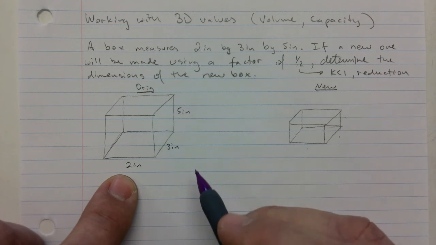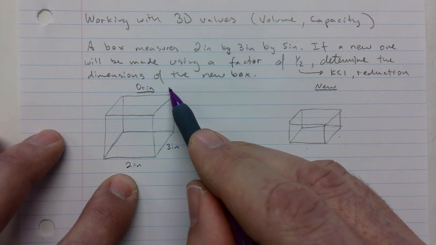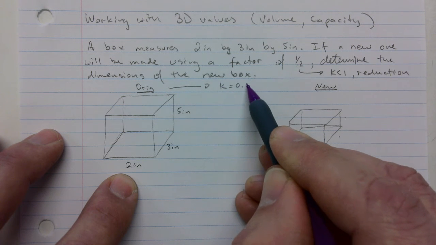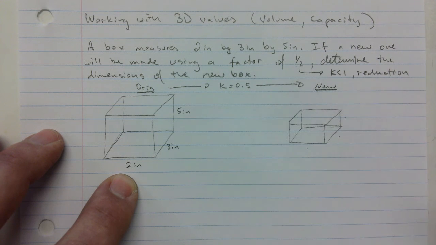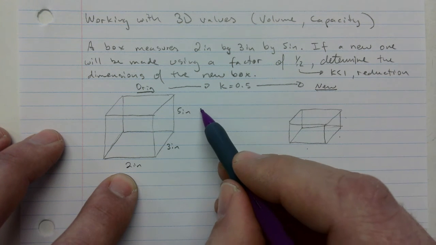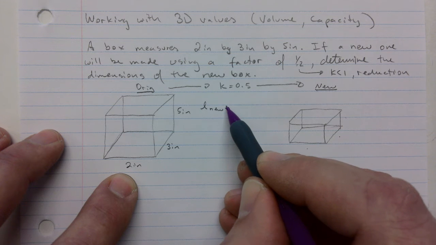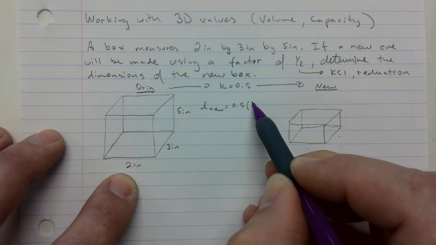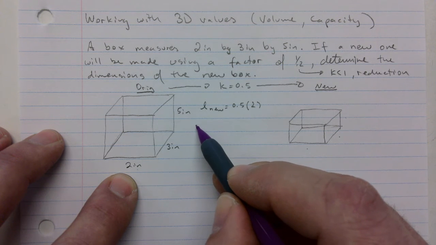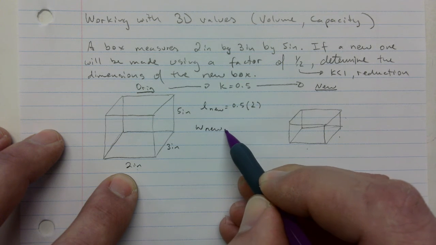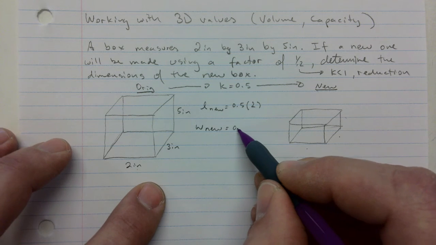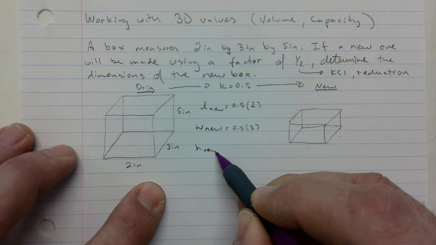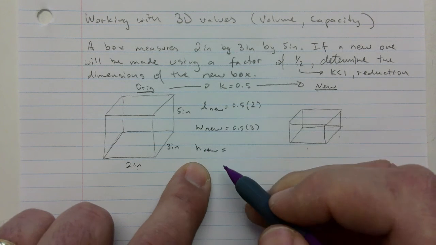So I don't know where you want to do the math, but I know that to go from the original, I will have used a factor of 0.5 to get to the new. Okay, so length of new will be 0.5 times, what's the length of the original? It's 2. The width of the new shape will be 0.5 times 3. And the height of the new, we have 3 dimensions now, right?